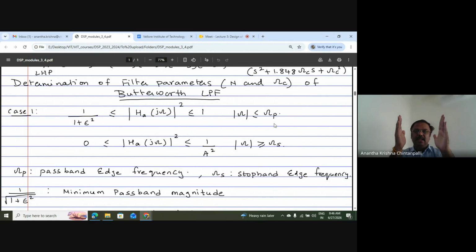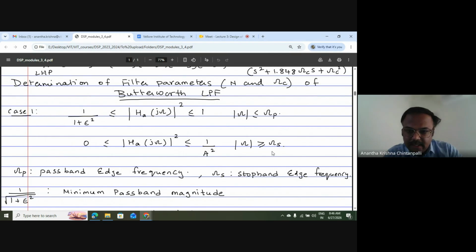In the pass band edge frequency, I want to make sure that the magnitude square response is between 1 divided by 1 plus epsilon square and 1.